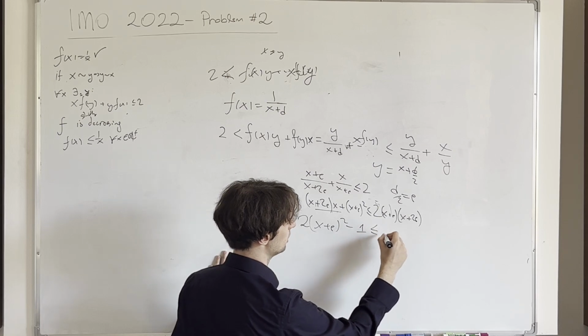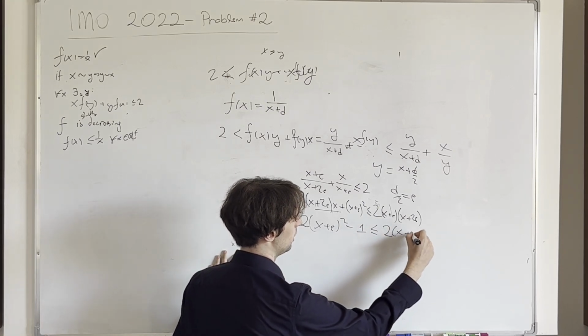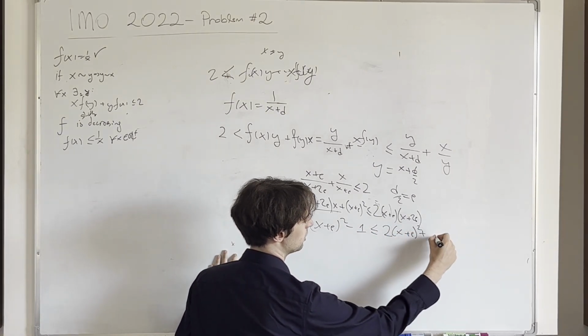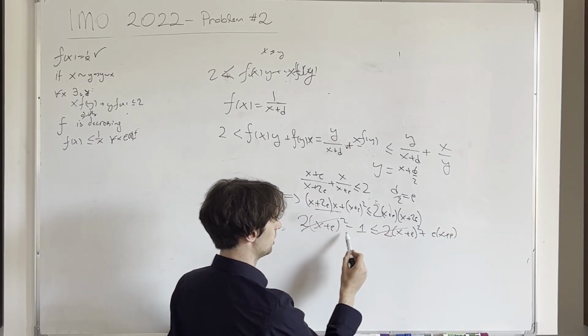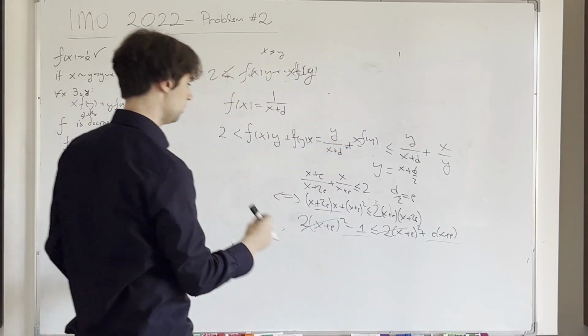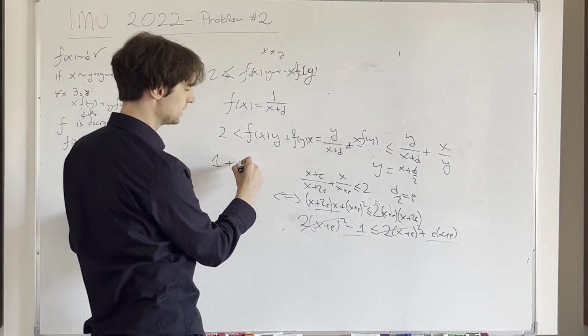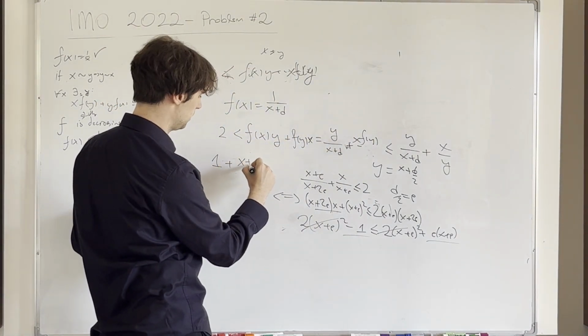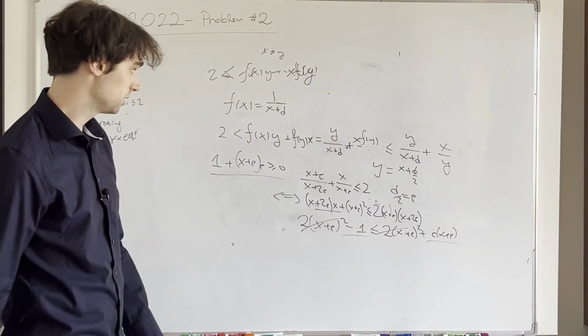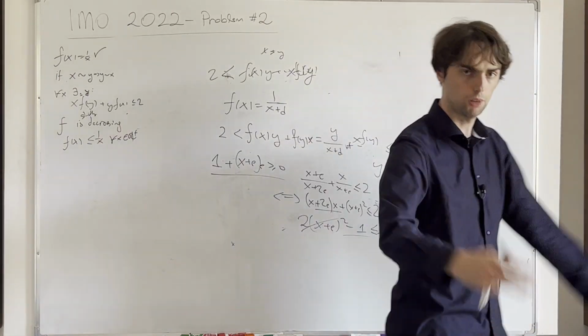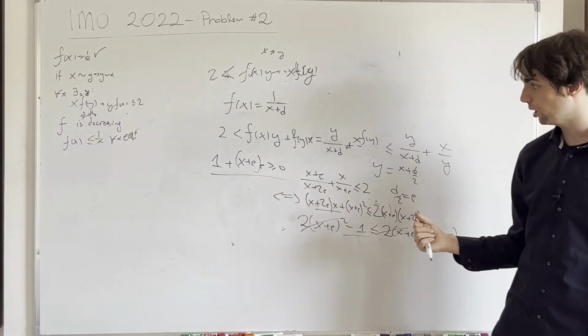So it's minus 1 less than or equal to 2 times x plus e squared plus e times x plus e. These cancel out. And this is true if and only if 1 plus x plus e times e is greater than or equal to 0. This is obviously true, because x and e are both positive real numbers.